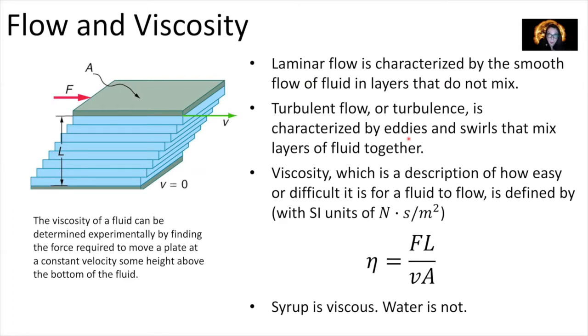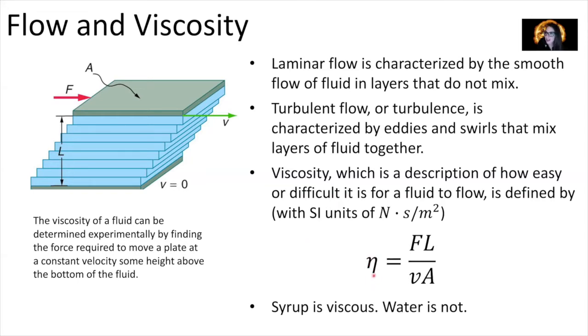So we have turbulence when those fluid parcels have some angular velocity around a central point. Viscosity is the description of how easy or difficult it is for a fluid to flow. And here is how viscosity is defined. We use the Greek letter eta right here.